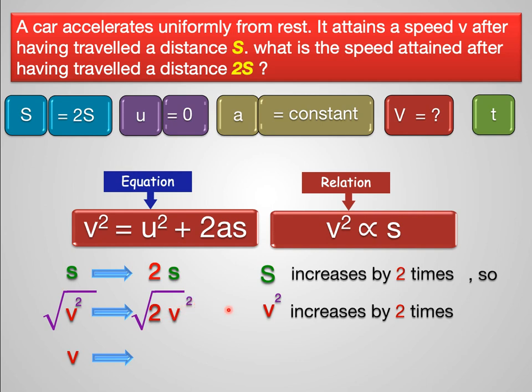So square root 2 will remain, it won't get cancelled, but square root of v square, you get v. Means velocity will increase by root 2 times. The new velocity will be root 2 into old velocity. S increased 2 times, so the left hand side v square should increase by 2 times. So v should increase by root 2 times.